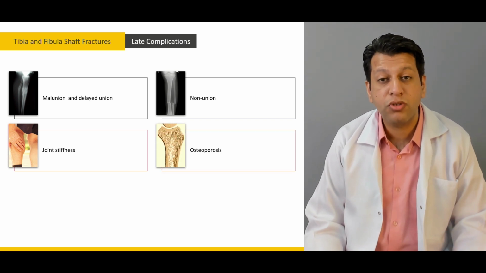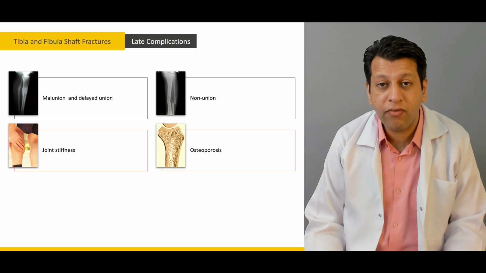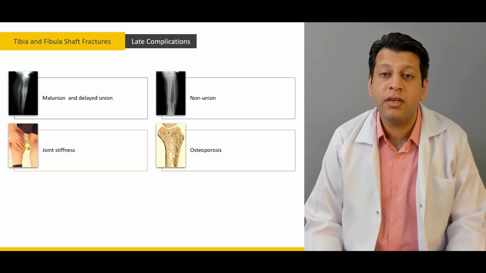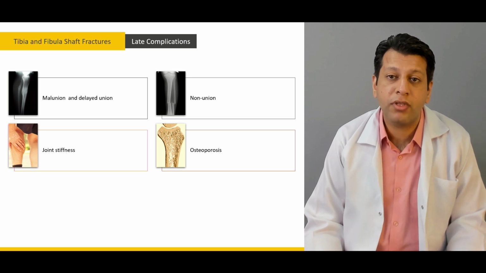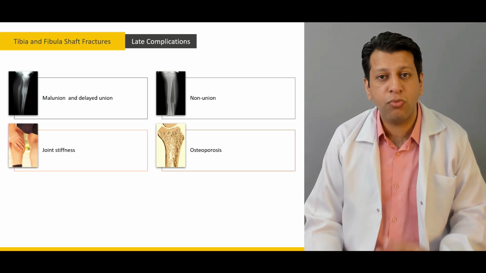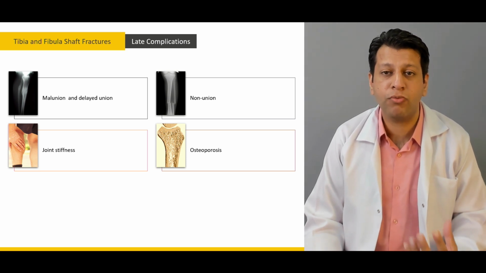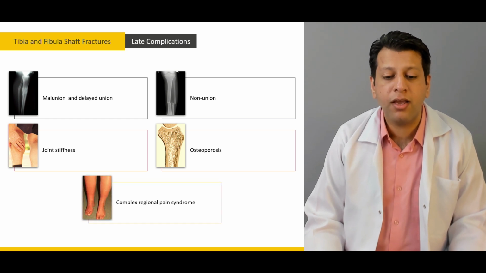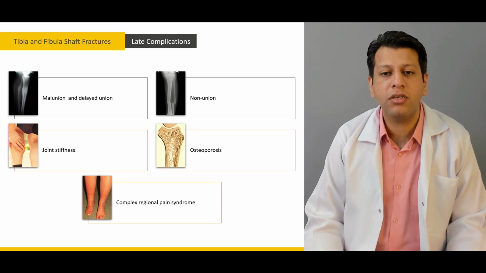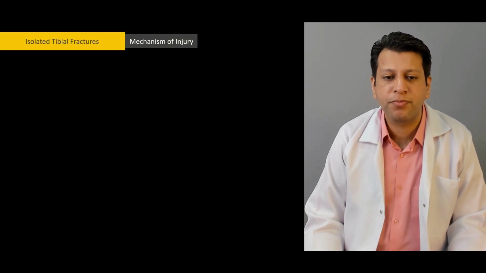And osteoporosis, because the patient is not completely weight bearing on the involved leg, and eventually the muscle may show some degree of atrophy. The bone will show some signs of osteoporosis because of the disuse and decreased weight bearing on that side. And there may also be an association with complex regional pain syndrome.